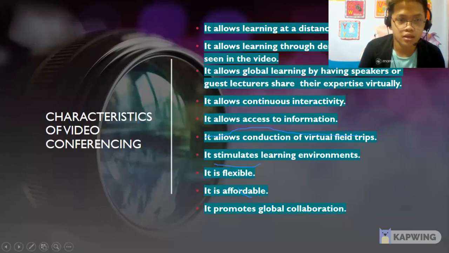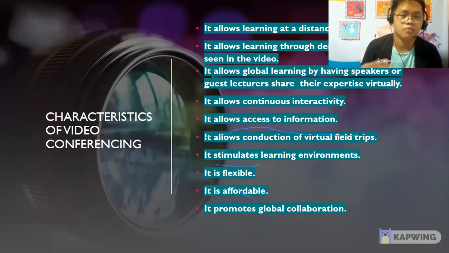And the second characteristic of video conferencing is it allows learning through demonstrations as seen in the video. Like this one, I have a report through video. It allows global learning by having speakers or guest lecturers share their expertise virtually, and it allows continuous interactivity and access to information.